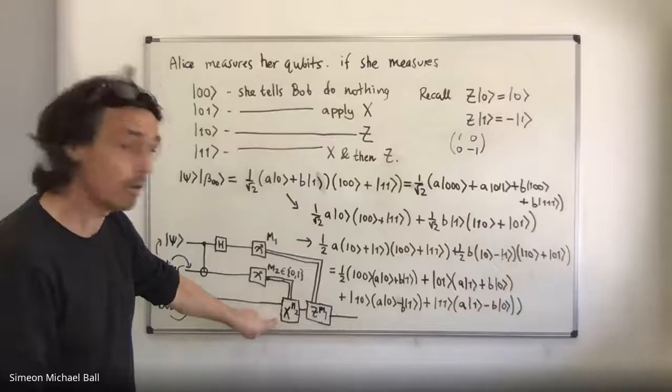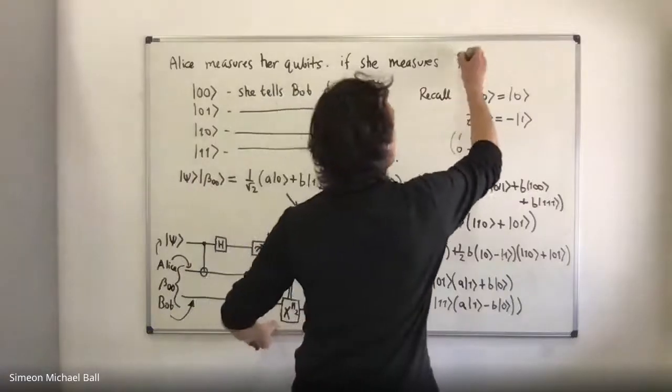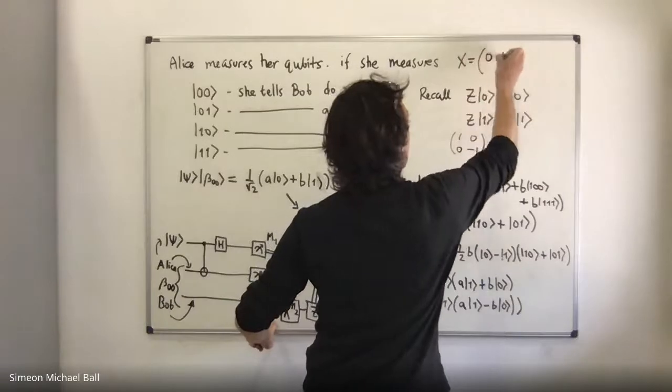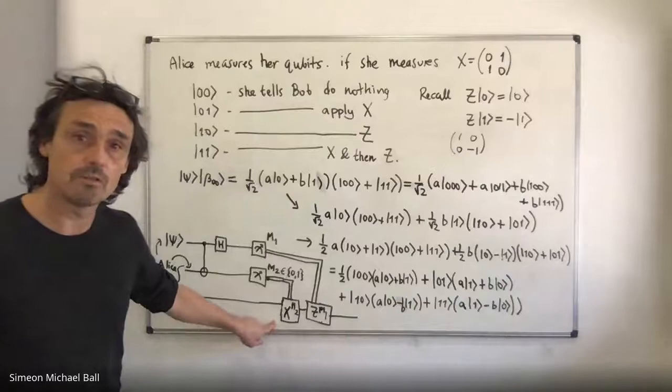But this transformation, the qubit of Bob is changing. The first qubit? No, the one of Bob. Yeah, it changes. So he applies X. And X is this matrix. It goes 0, 1, 1, 0. So it changes 0 and 1.